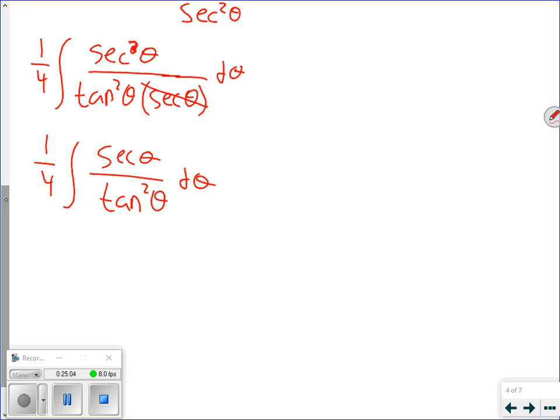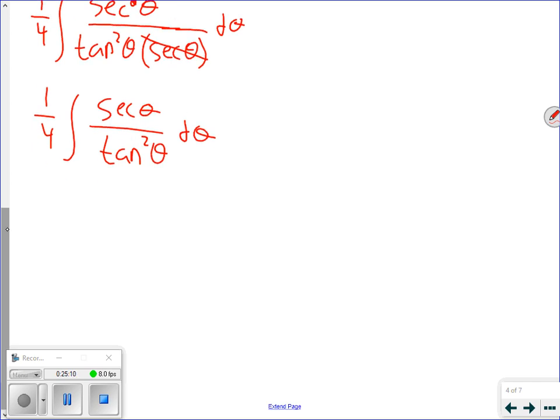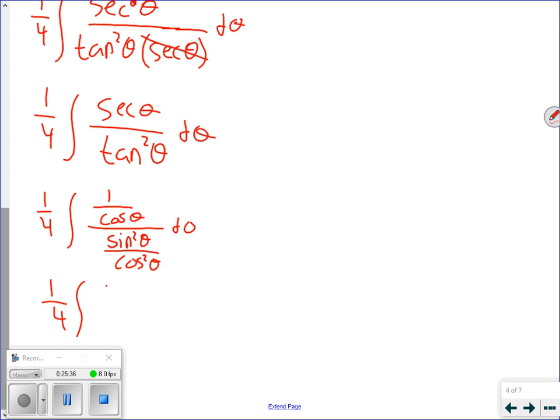Just like before in our unit back in pre-cal where we simplified down trig functions, what if I turn these to maybe sines and cosines? So I got 1/4. Secant is the same thing as 1 over cosine. And tangent squared is the same thing as, we can call that, sine squared over cosine squared theta, something like that. All right, now, what happens if I simplify that? Well, I think you can simplify this all day long. That's 1 over cosine theta, same change, flip.